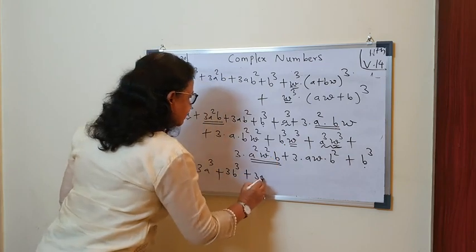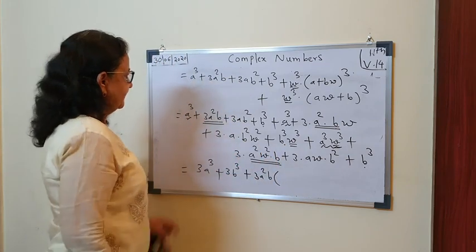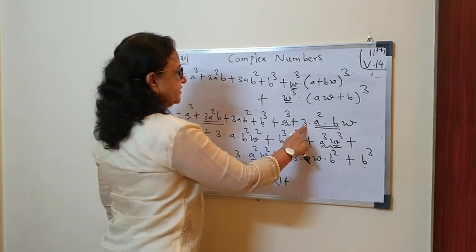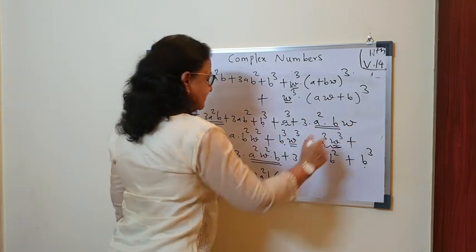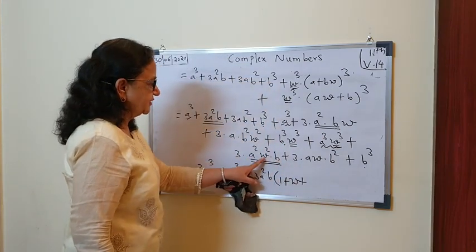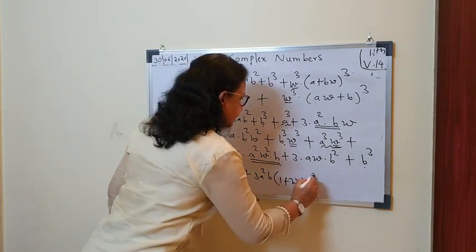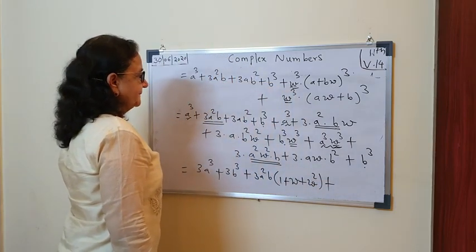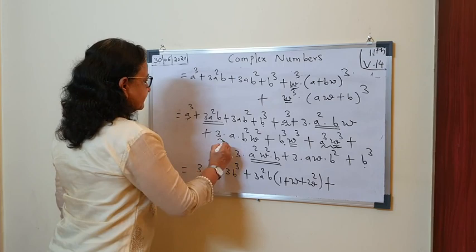Can I keep it common? 3a square b can I keep common? Here 1 will remain. If you remove 3a square b out, omega remains. And 3a square b out, this remains omega square.